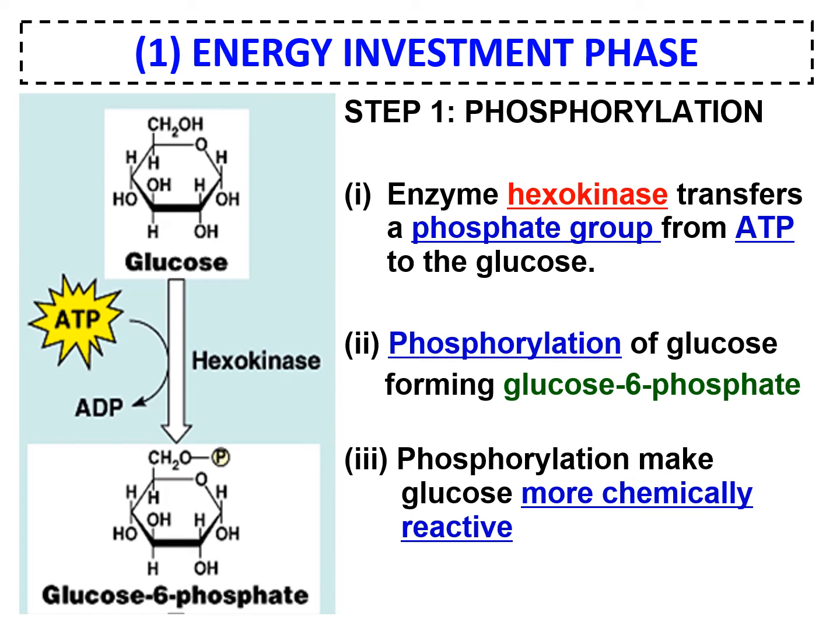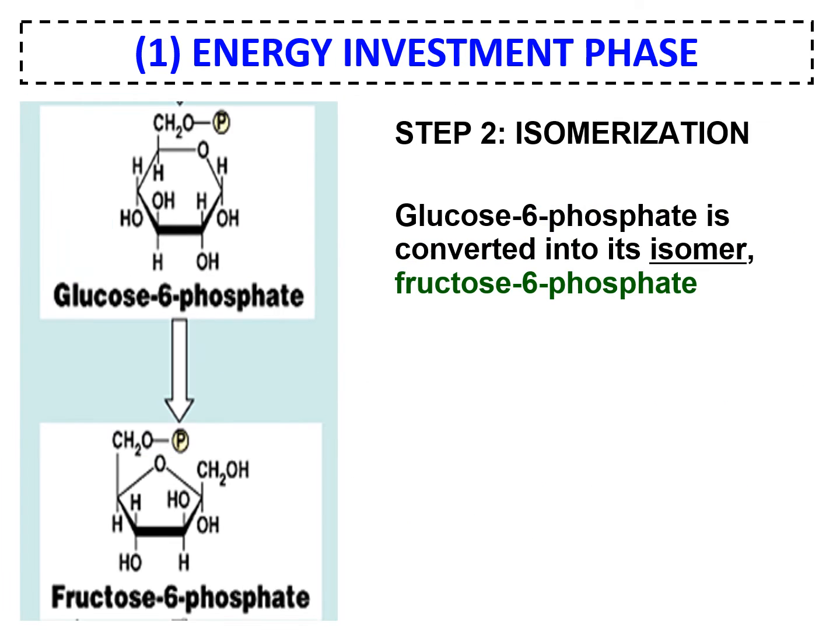The phosphorylation helps to make the glucose more chemically reactive, which is a very important characteristic to continue with the process. A more chemically reactive molecule is easier to manipulate, because after this the molecule needs to be isomerized.